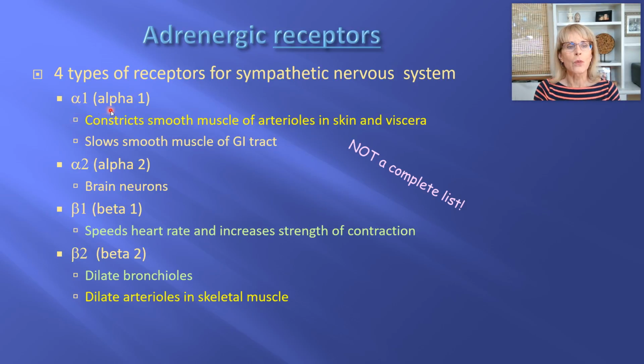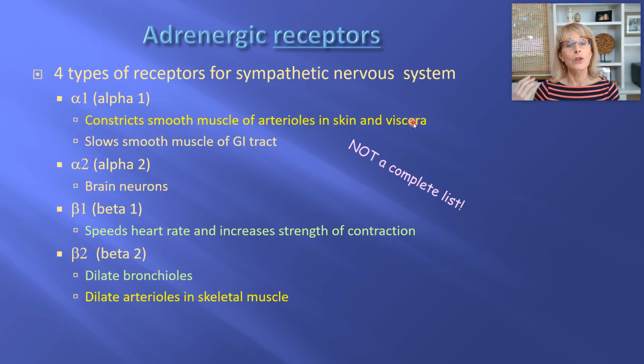Simultaneously, the alpha 1 adrenergic receptors will cause the smooth muscle of the arterioles in your skin and in your intestines, your stomach, to constrict. And that is why when you get an adrenaline surge, more blood goes through the capillaries of your skeletal muscle, less blood goes through your intestinal tract, and less blood goes through your skin.